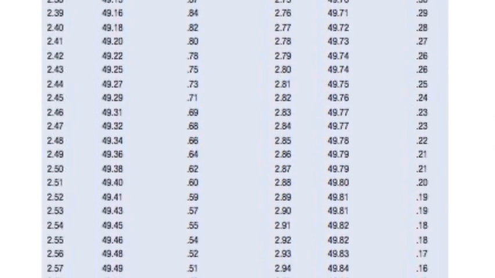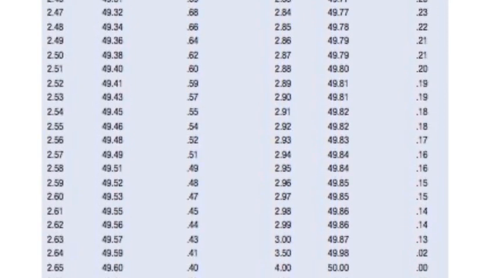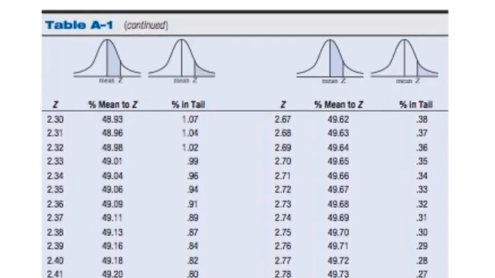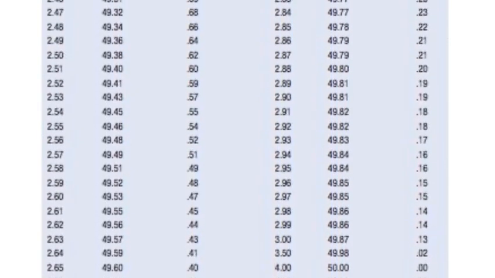Remember, most z-scores are going to be between -3 and +3. So this goes up to 3. And if we look all the way down at the bottom right here in the Z column, so Z heads each of these columns here, we see that it goes from 2.98 to 2.99 to 3, and then we jump to 3.5, 4, 4.5.